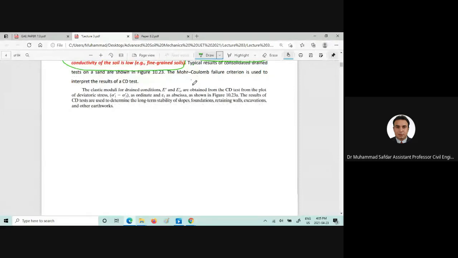We can also find out the elastic moduli, but that is not the focus of this chapter. So we will deal with the stiffness parameters in a separate lecture, because these are also very important in constitutive models.